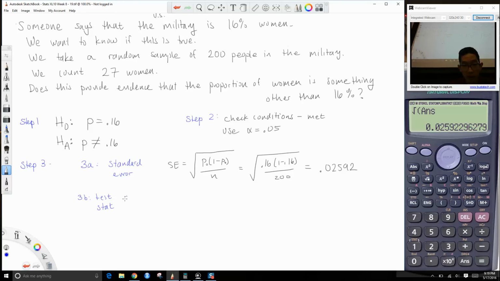3b, this is our test statistic. We do observed minus expected, right? Question in the back. Let's say for step 2, if the conditions aren't met, we just stop there. Yeah, if the conditions aren't met, you're not supposed to continue on in the test, okay?